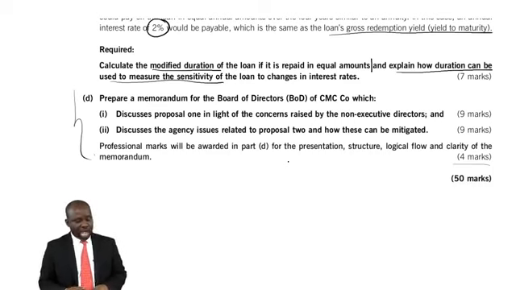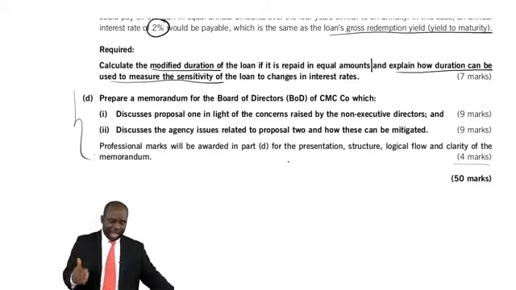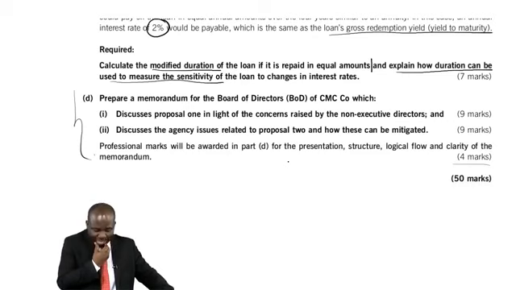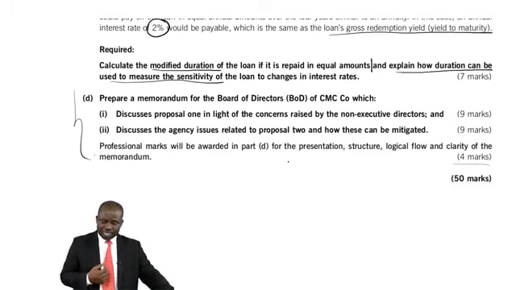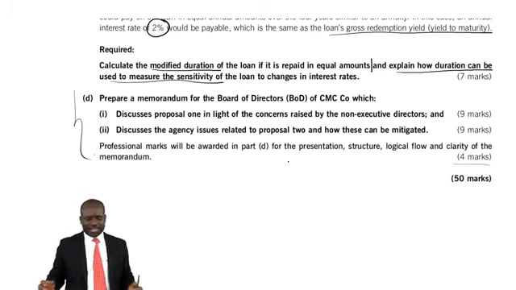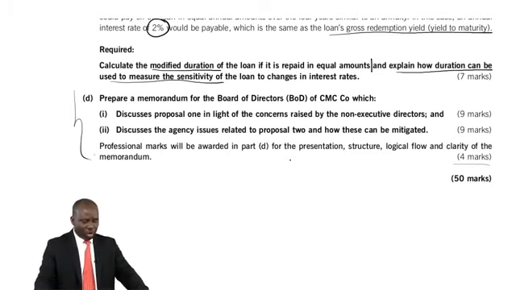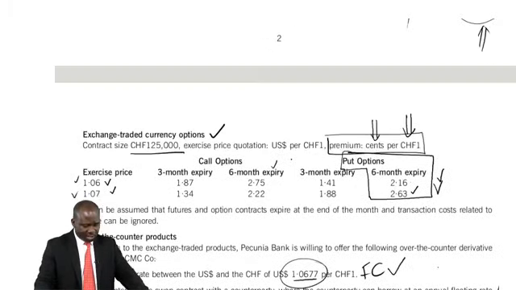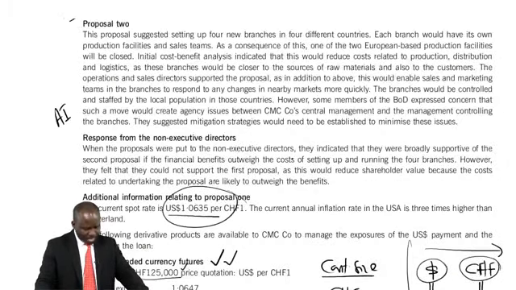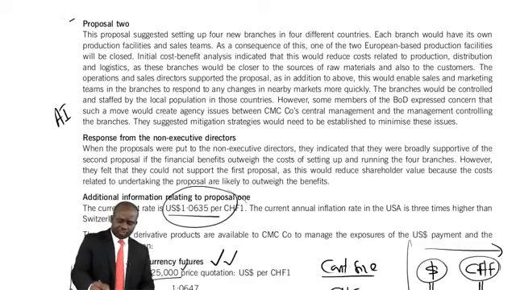Now we know how to deal with that. So first, discuss proposal 1 in light of the concerns raised by the non-executive directors. So I have to go to the question to look for what the concerns raised by the non-executive directors are. So when we come here, this is where the response is from.